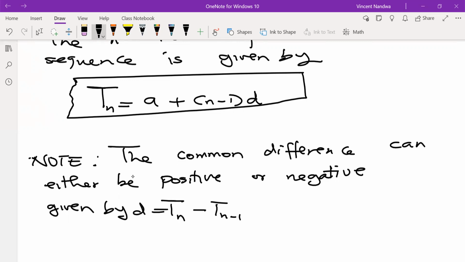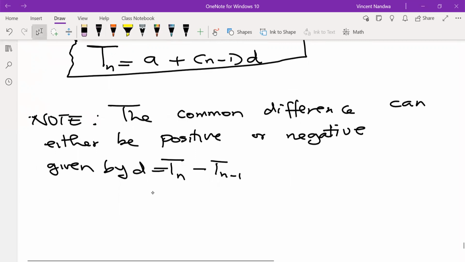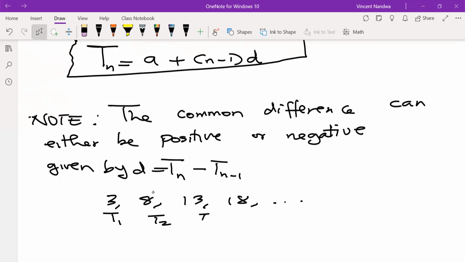So this is D. For example, if you want to find the common difference in this sequence 3, 8, 13, 18, etc. Remember, this is T1, this is T2, this is T3, this is T4.